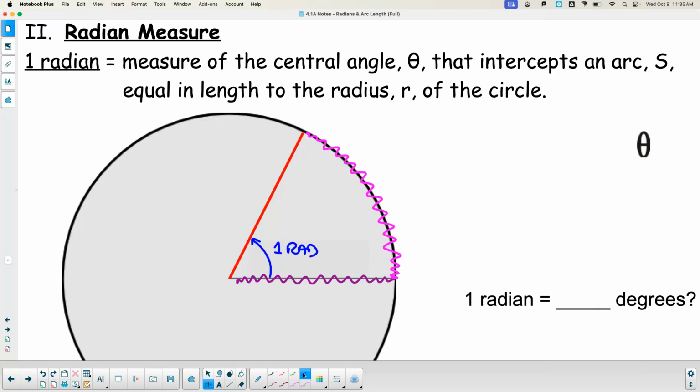Okay? You can shorten radian to RAD. Okay? 1 radian is approximately 57.3 degrees.